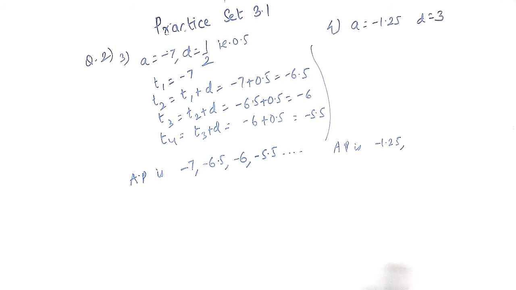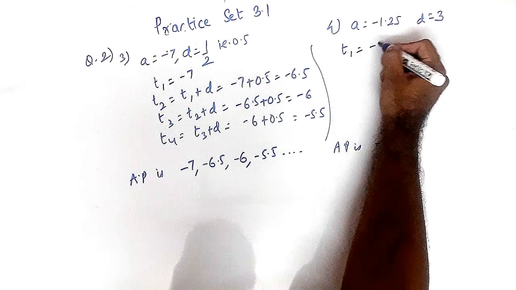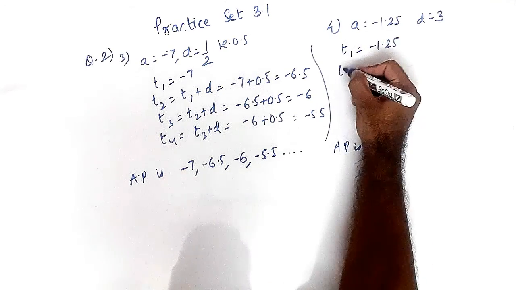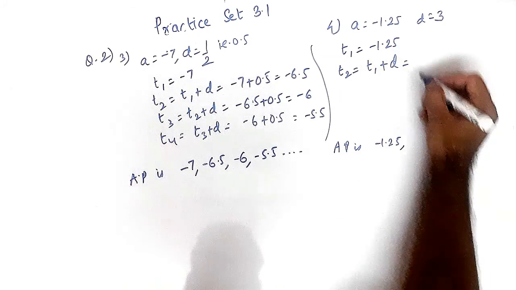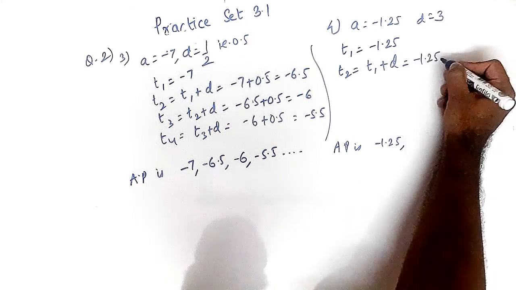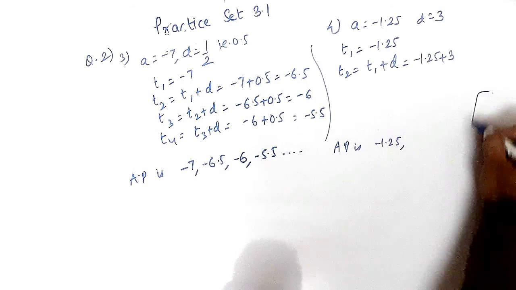Okay, how? I'll show you the addition, very simple. See here, T1 is equal to minus 1.25, T2 is equal to T1 plus the difference, so minus 1.25 plus 3. See how will we add?